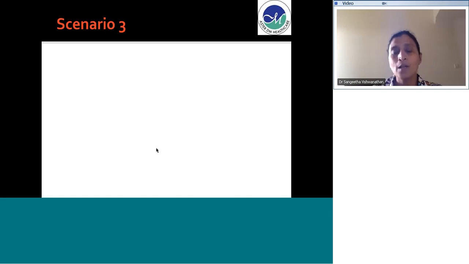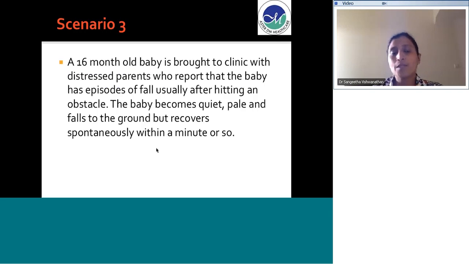Okay, so next we move on to scenario 3. So a 16-month-old baby brought to clinic with very distressed parents who report that the baby has had episodes of falling down and becoming unconscious, usually after hitting an obstacle.